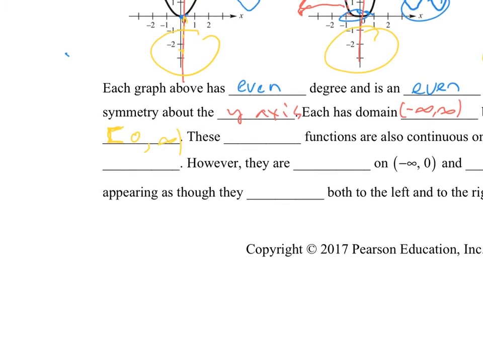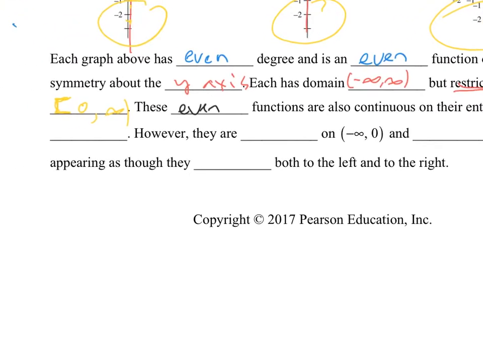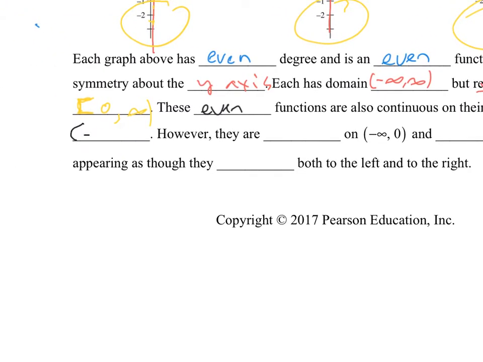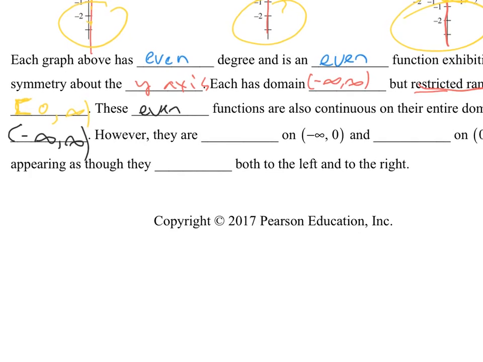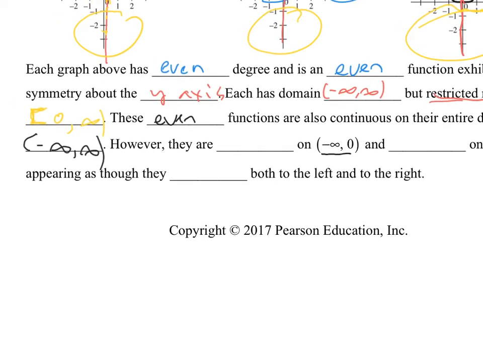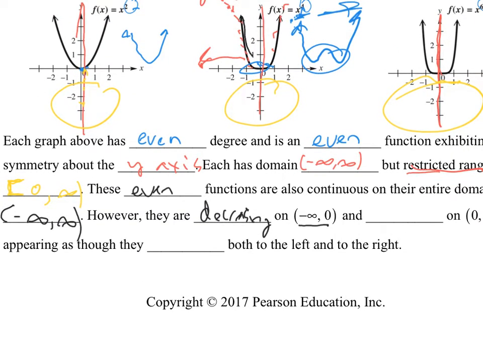These even functions are also continuous on the entire domain. Thank you. We can see that they are continuous. There's no breaks. There's no jumps. There's no asymptotes. However, from negative infinity to 0, the function seems to be decreasing. If you look at it, it's decreasing.